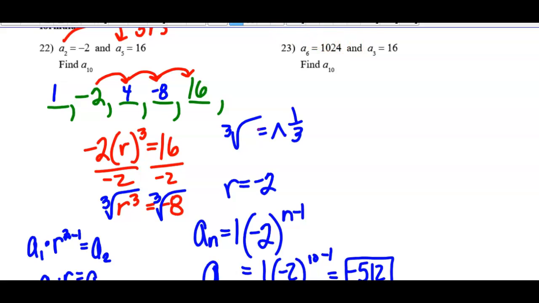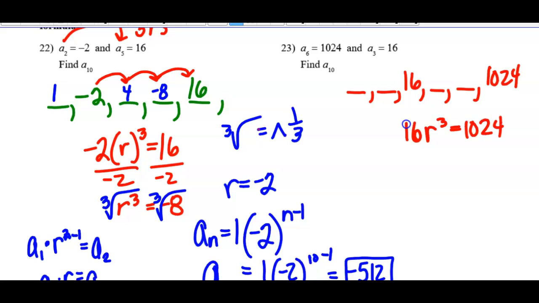All right. This one looks like it has, oh no, it's not. I thought it was, they have them in a funky order. So there's term 1, term 2, term 3, term 4, term 5, term 6. So between terms 3 and 6, there are 3 r's multiplied to become term 6.